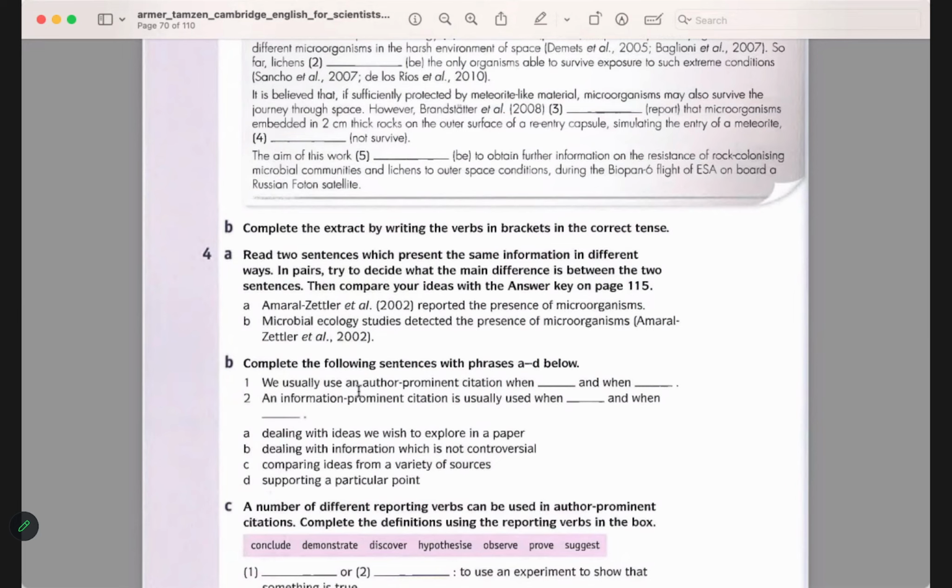So here we usually use author prominent citation. We highlight the author because he's prominent in this field. And information prominent citation: for us, the information presented here is more important. If we speak about author prominent citation, we deal with what, among A, B, C, D?